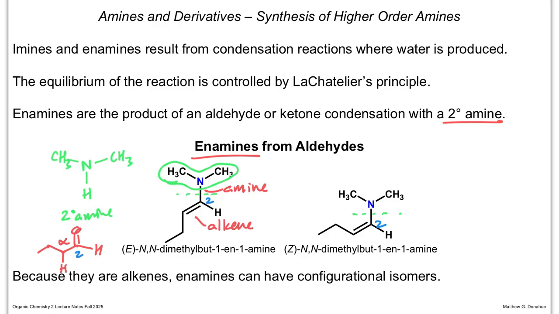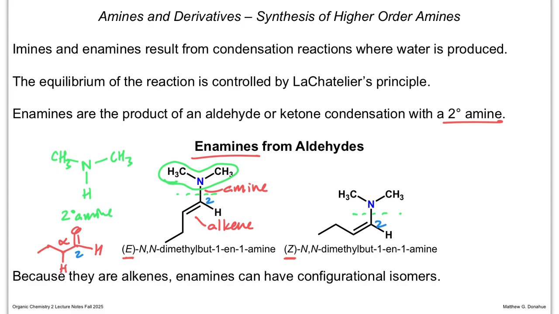So looking at any enamine, you should be able to determine, is it coming from an aldehyde or a ketone, and then what secondary amine has been used. The two structures shown, because you have a double bond, you can assign E or Z to indicate the cis or trans stereochemistry.